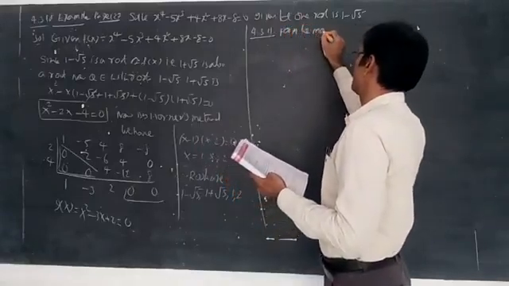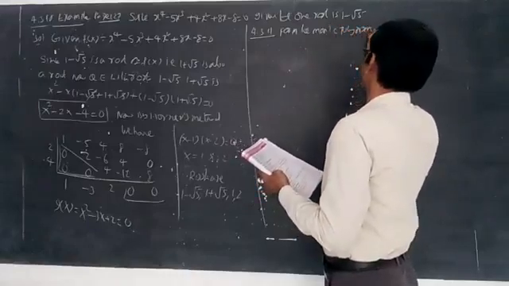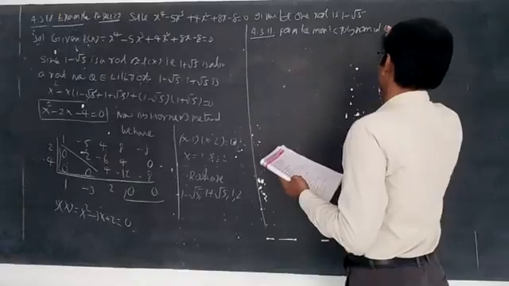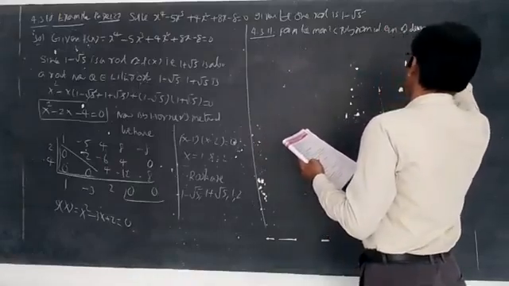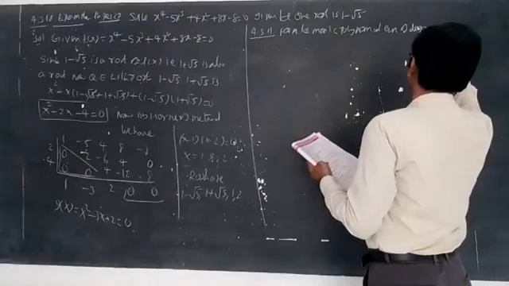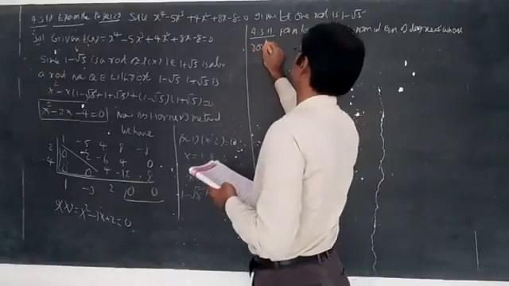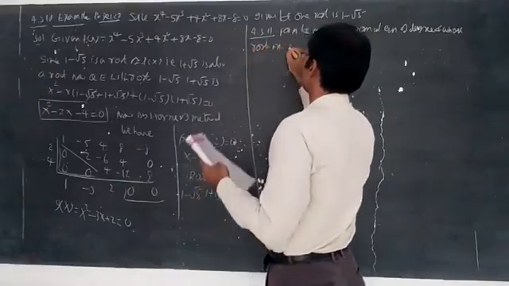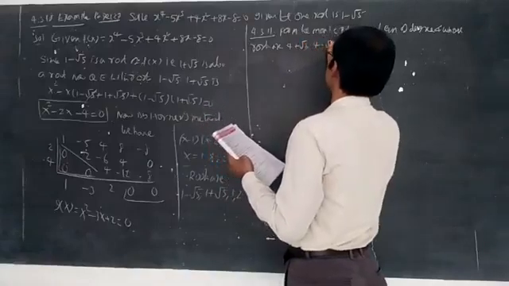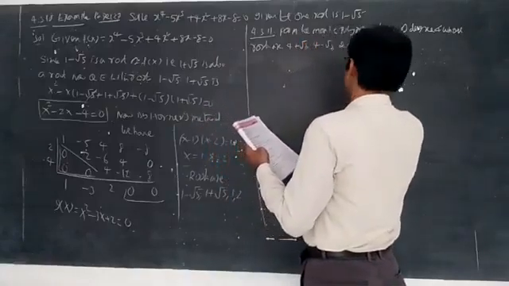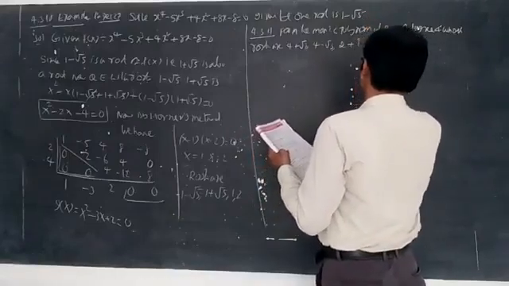Solve the monic polynomial equation of degree 4 whose roots are 4 plus root 3, 4 minus root 3, 2 plus i and 2 minus i.